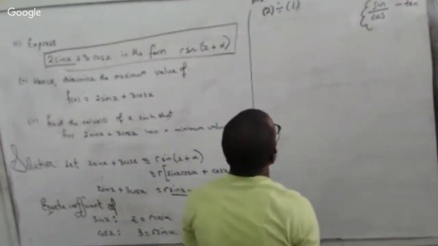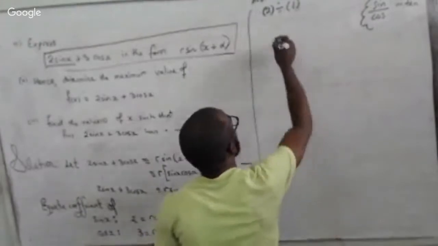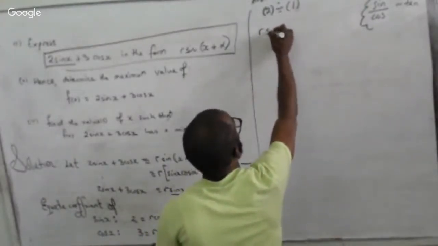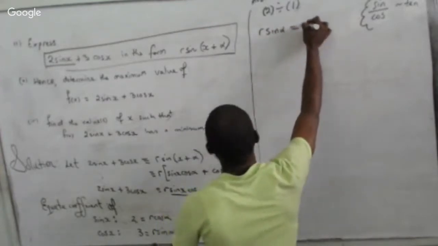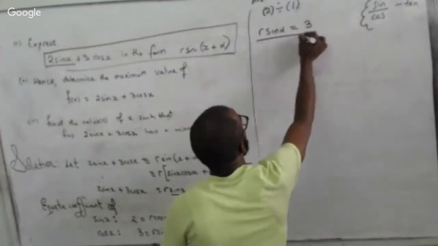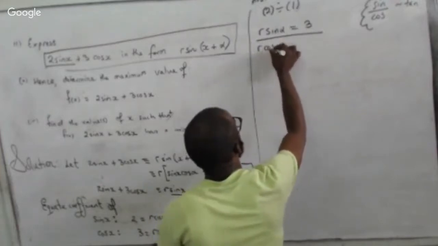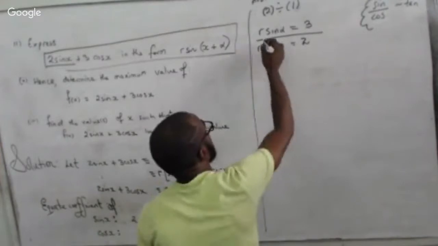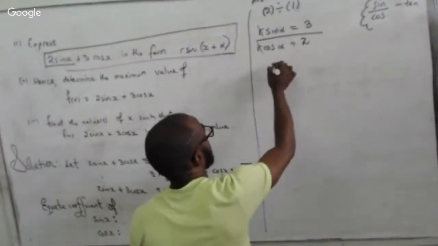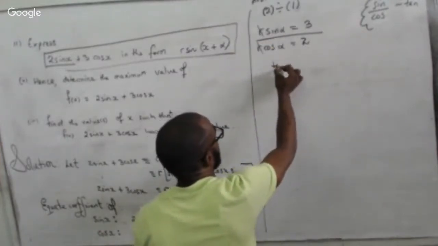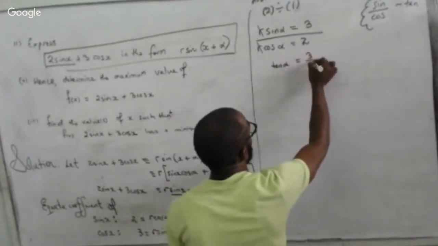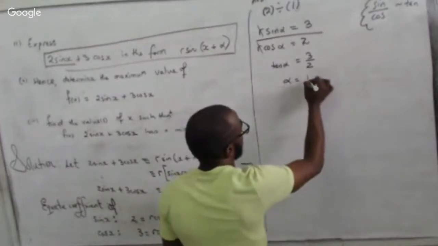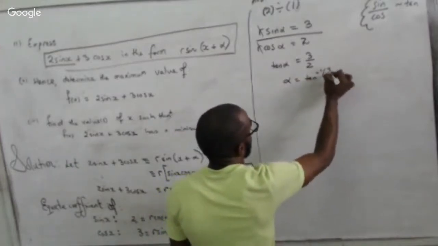So this is r sine alpha equal to 3 all over r cosine alpha equal to 2. In that case, you see the r is cancelling. So this becomes tangent of alpha equal to 3 upon 2. Then alpha is equal to tangent inverse of 3 upon 2.